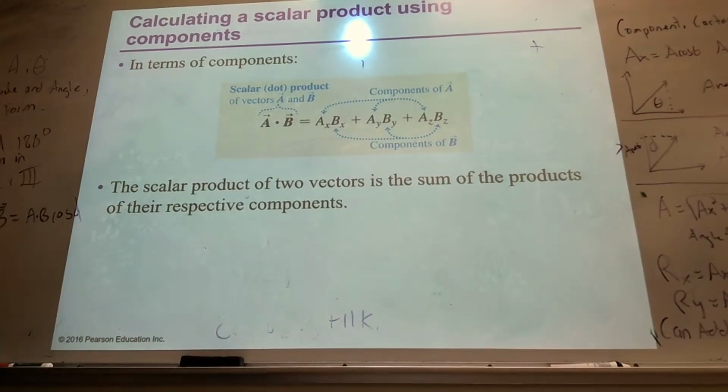Okay, so write that down. Then set those two equations equal to each other and isolate your cosine phi.